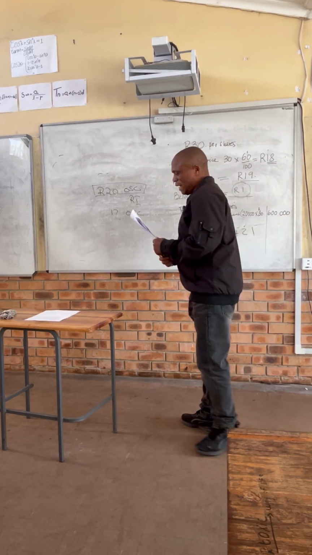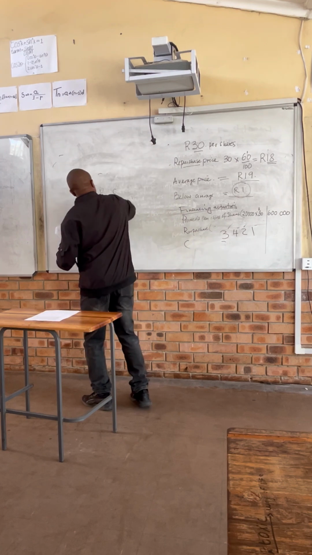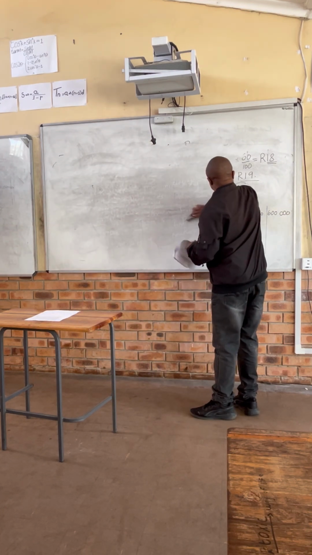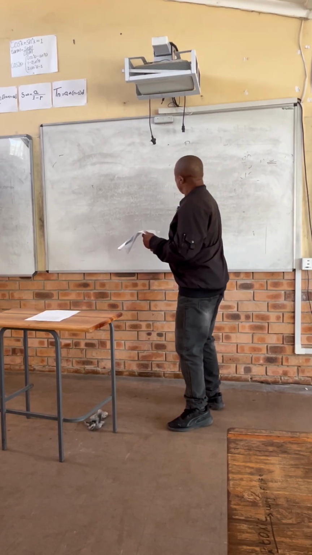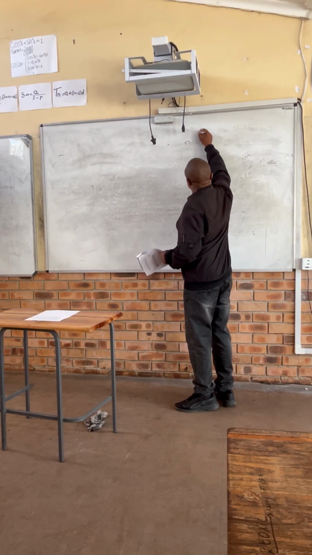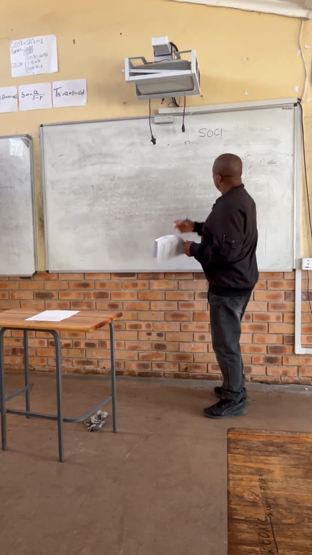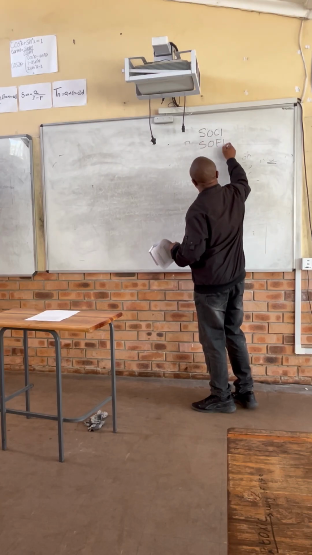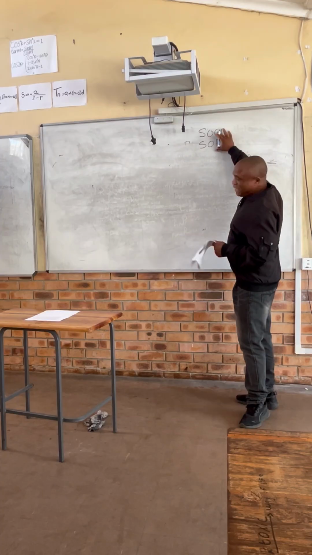So how do we analyze? The first thing that we are going to do, we want to see who wants this in financial statements. Remember, we have our financial statements, we have our statement of comprehensive income, we have the statement of financial position. So we want to analyze the results that we find here.